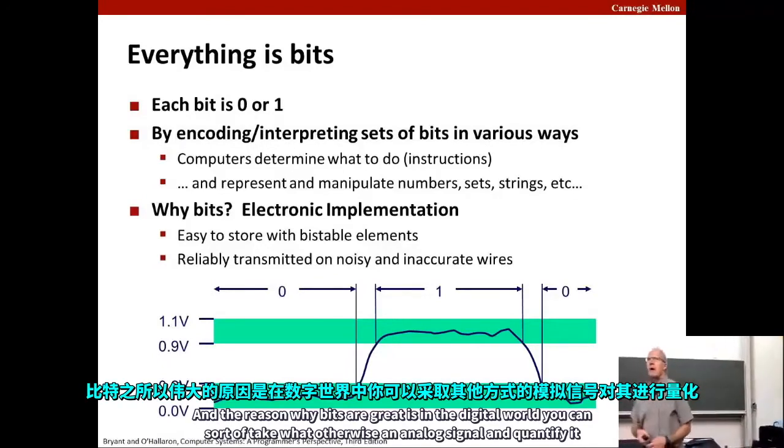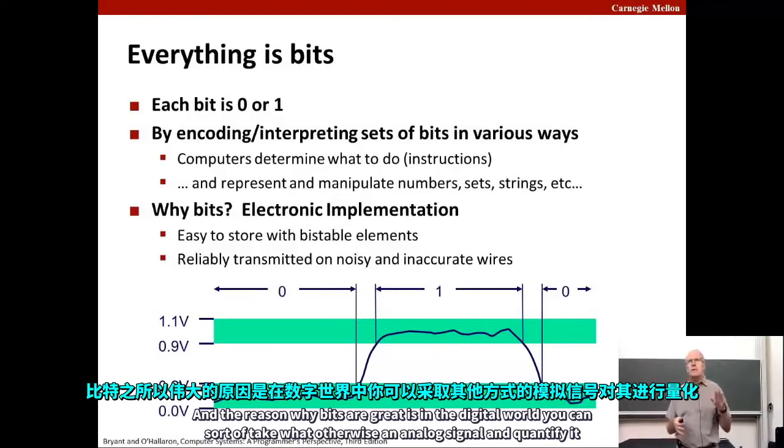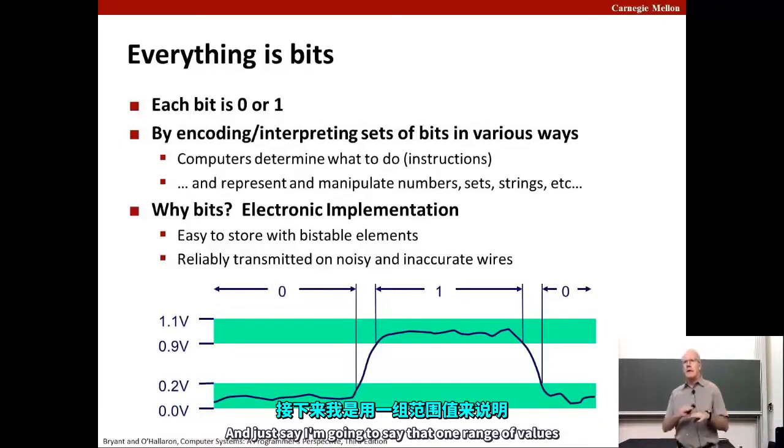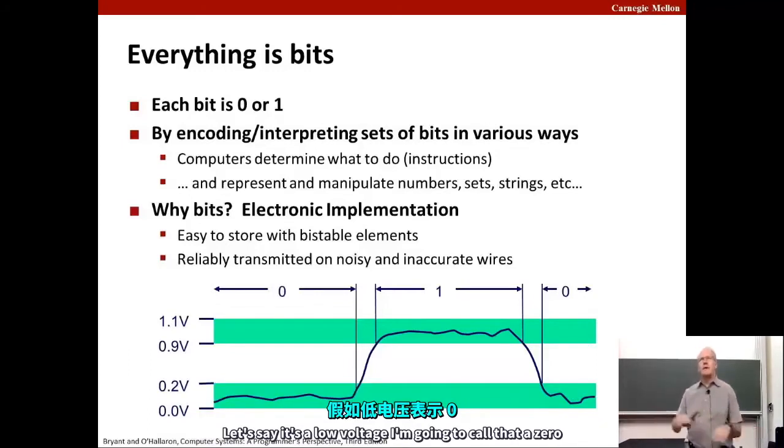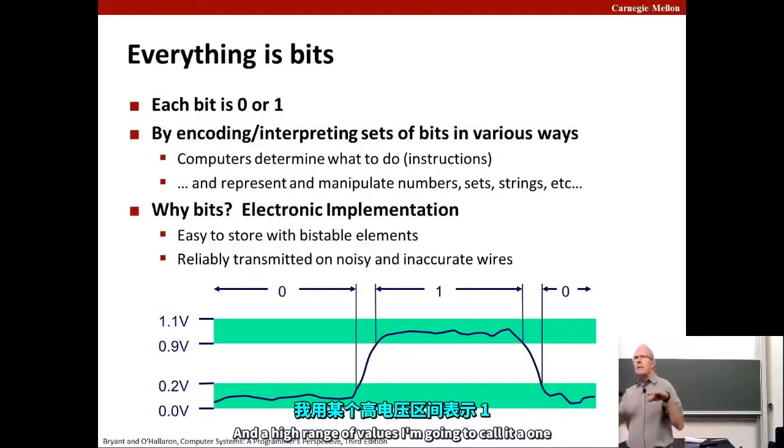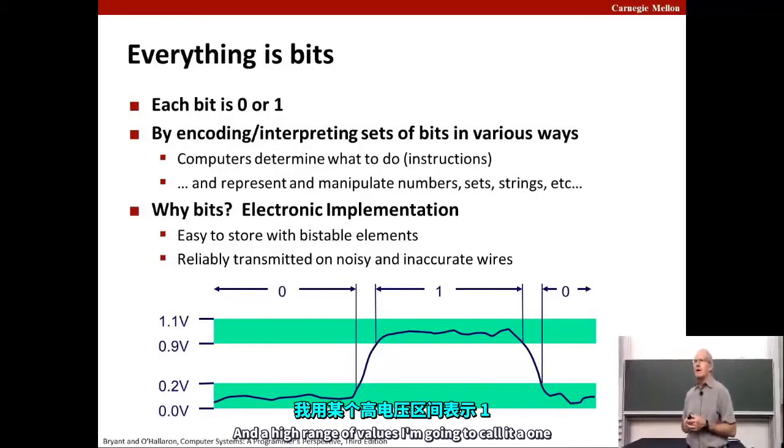The reason why bits are great is that in the digital world, you can take what's otherwise an analog signal and quantize it. Let's say a low voltage range of values I'm going to call a 0, and a high range of values I'm going to call a 1.